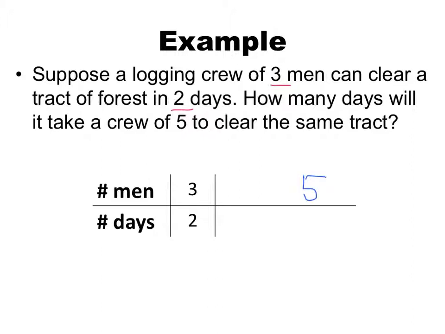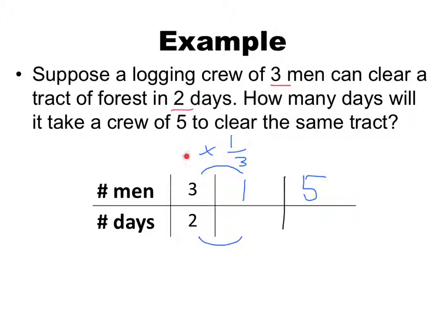And so we think, how can I go from a 3 to a 5? Well, it's kind of hard to go directly from a 3 to a 5. So let's add an intermediate step where we're going to go through 1. So let's think about, how can I go from 3 to 1? Well, I could multiply by 1/3. Okay. Now, what am I going to do in the second row? Well, we argued that these two quantities, men and days, are inversely proportional.